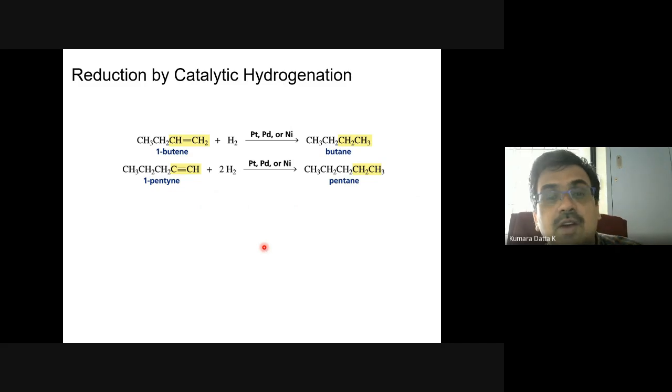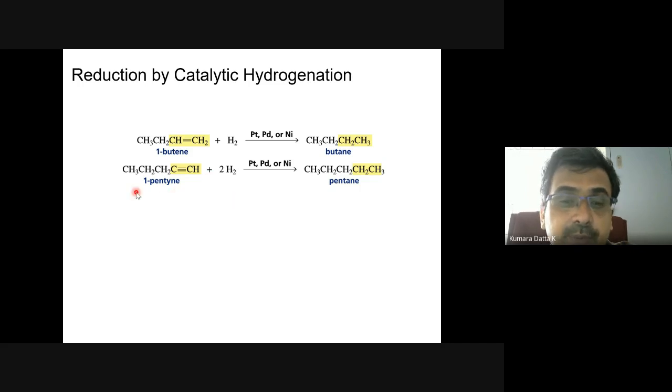Now, why are these hydrogenation reactions very important? For example, we have a saturated or unsaturated carbon system and we want to add hydrogen. What we discussed in the previous slides is that we can add one hydrogen here and one hydrogen here, so we are saturating it.